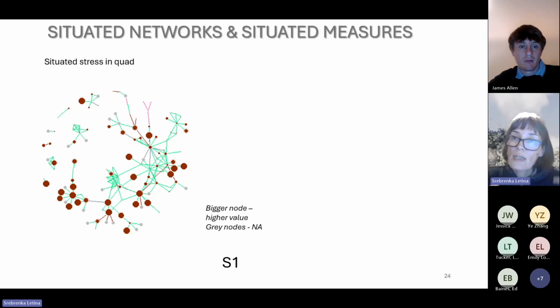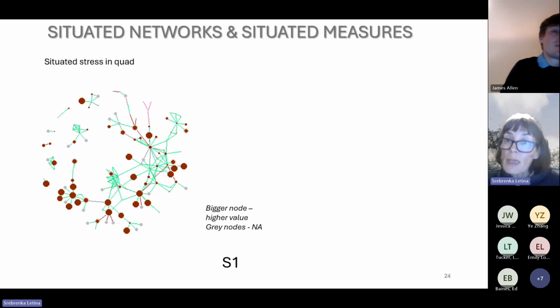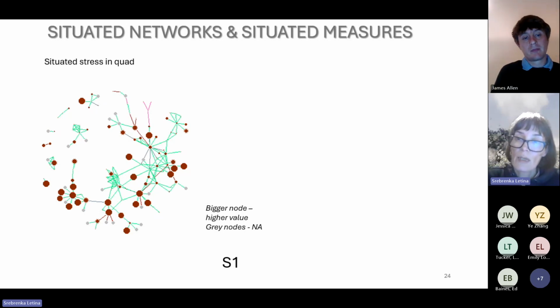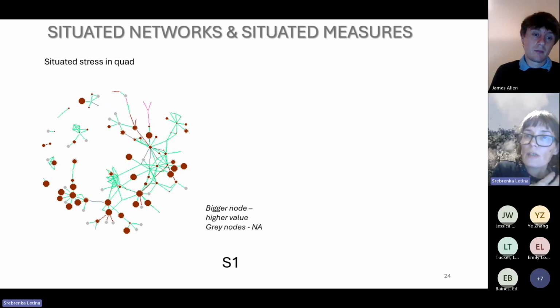However, for the stress that individuals feel in certain situations like the quad, there can be social influence, even in that case, regarding those individuals who are present in that situation. So it gives you some information that you don't get from the usual way that we collect the data.